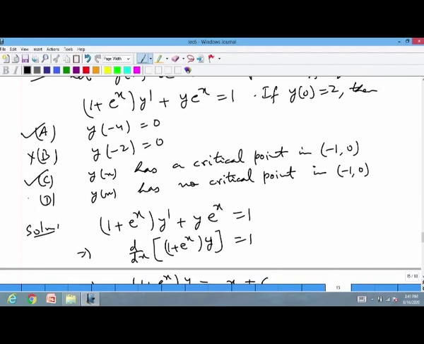So option C is correct and D is wrong. So, A and C are the correct options.